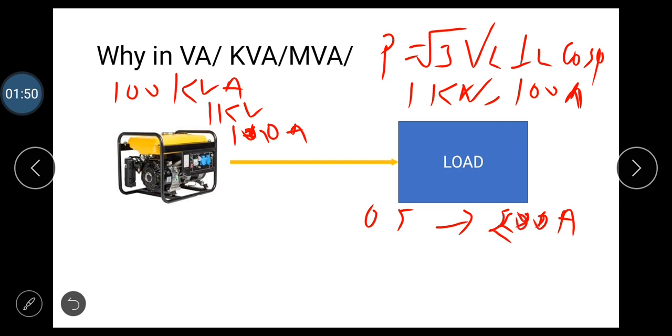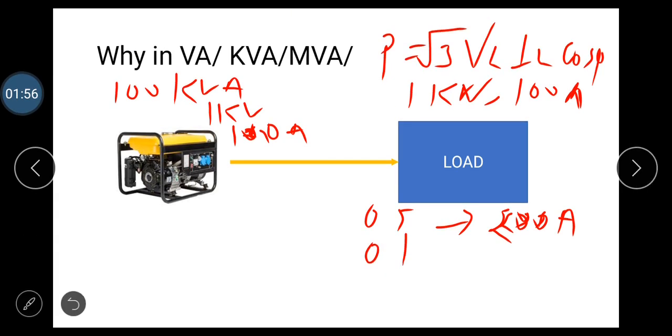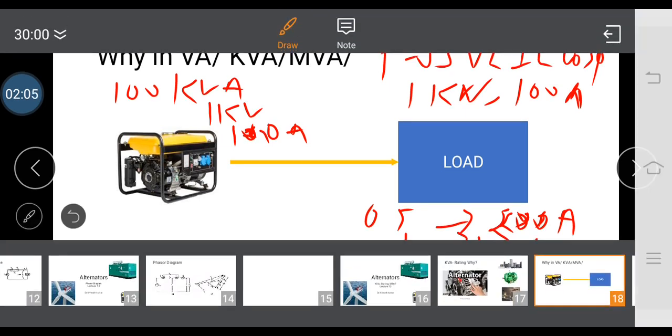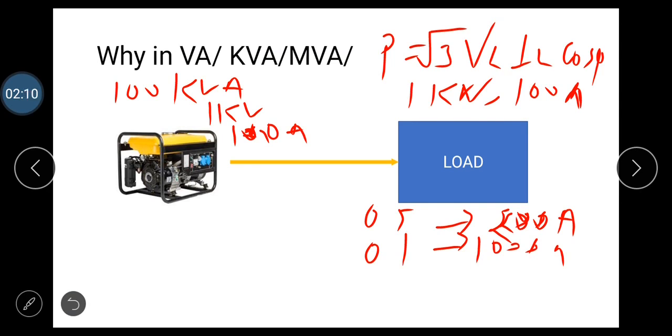If it is operating at 0.1, it is going to be 1000 amps. Now consider: if it is working at unity power factor, 100 amps; at 0.5, it is going to be 200 amps; at 0.1, it will take 1000 amps from the generator.